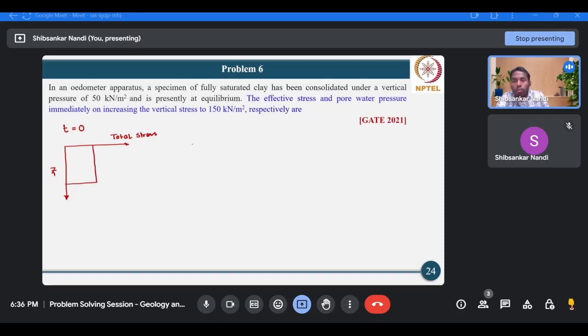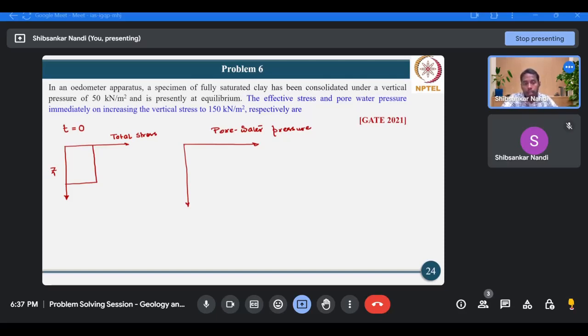Now coming to the pore water pressure, it can basically be inferred or interpreted from the spring cylinder analogy or spring dashpot.